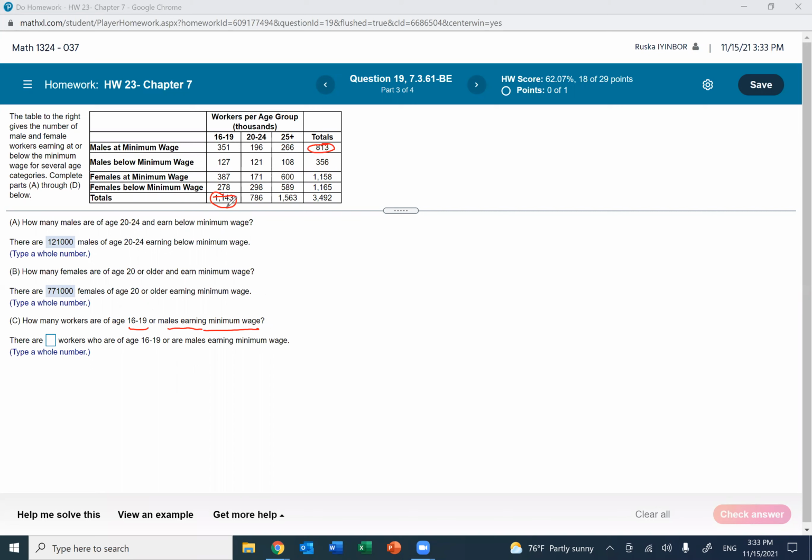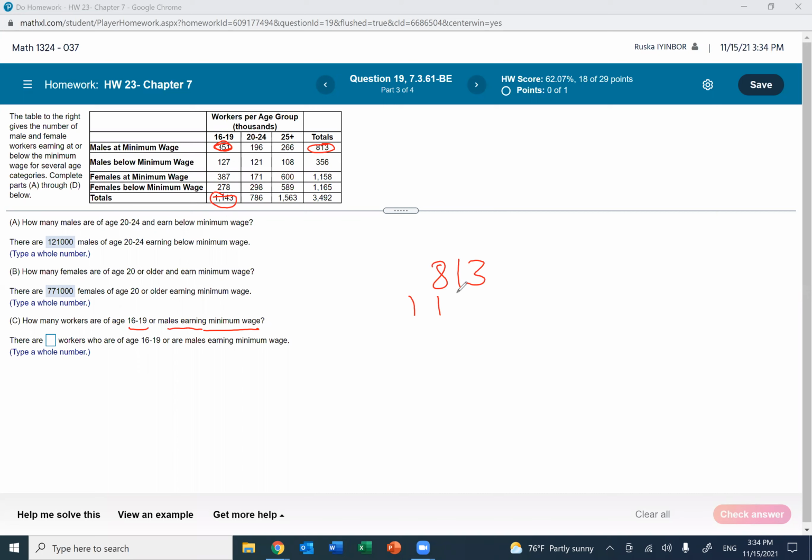So you're adding those two and you're subtracting this number because this is repeating, because you're adding this to both of those totals. So you're gonna have 813 plus 1,143.